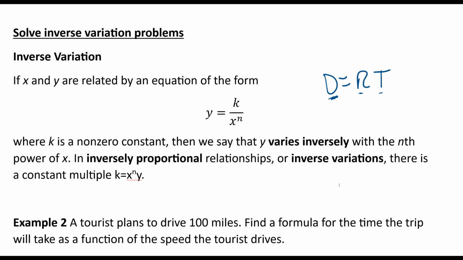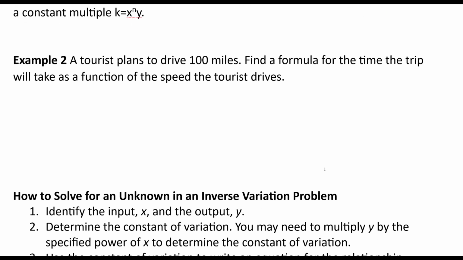Okay, let's look at example 2. It says a tourist plans to drive 100 miles. Find a formula for how long the trip will take as a function of the speed the tourist drives. So again, distance equals rate times time.